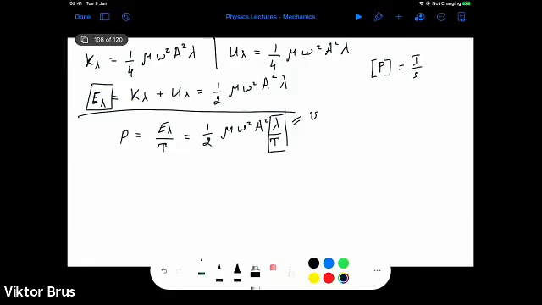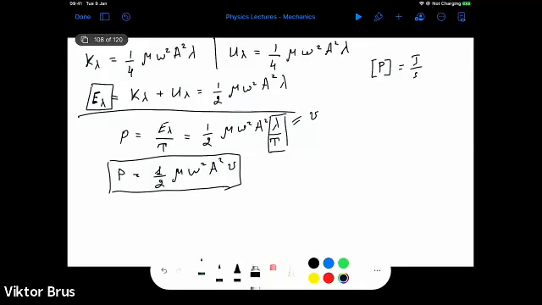So the final expression will be P equals 1 divided by 2 mu omega square A square times v. So this is the equation for power which is transmitted through the string when a sinusoidal wave is traveling along it.